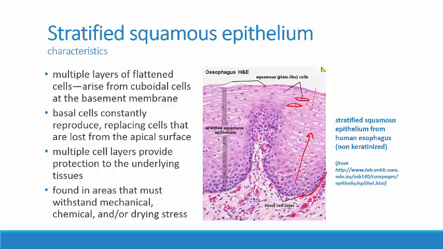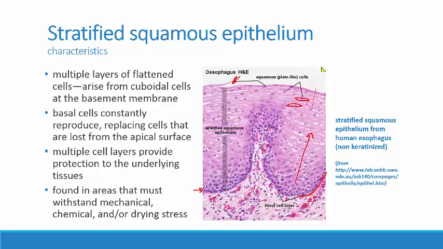So with stratified epithelia, like stratified squamous epithelia, we're constantly replacing cells that are lost at the apical surface. Up here at the free surface, you can see how the cells will flake away, and in order to keep this thickness of epithelium, we've got to replace those cells. Replacement begins down here at the basal layer.